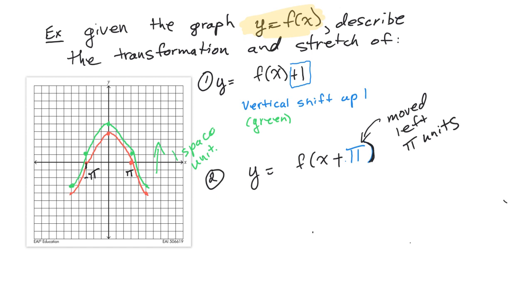So this point here gets moved 3 spots, 1, 2, 3. So that's where it's supposed to be. And there's my first point. And then I move the next point of my base graph to the left 3 spots. And then I do the same for the next spot, 1, 2, 3.